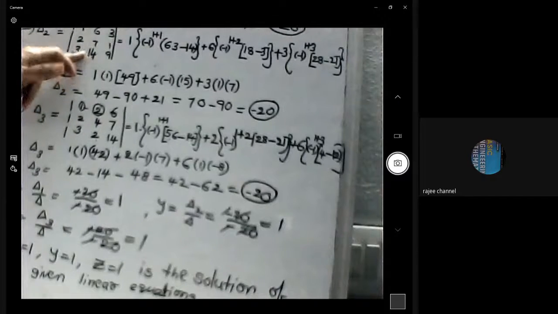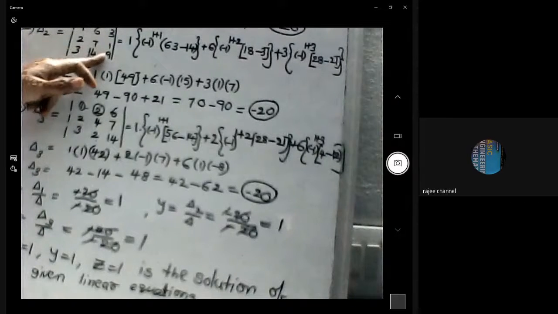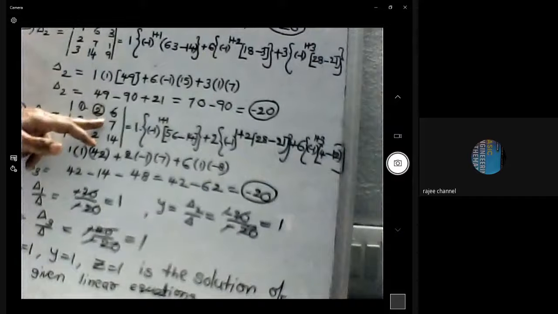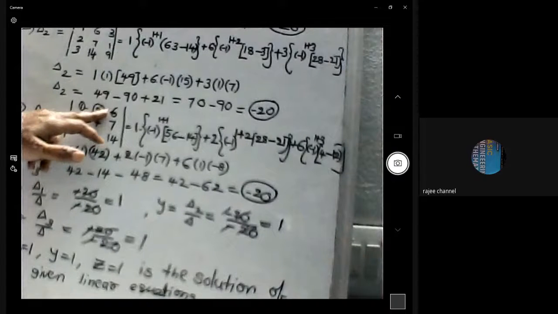Here the first column and second column are taken as is, replacing the third column of delta by the constants 6, 7, 14, the D1, D2, D3 values.